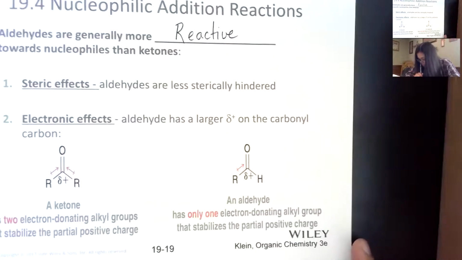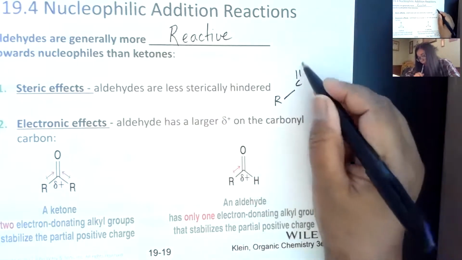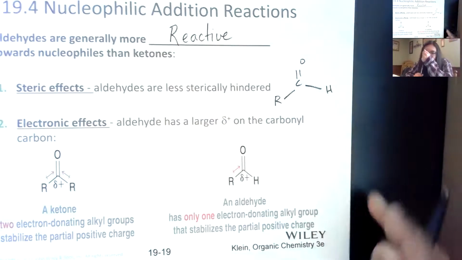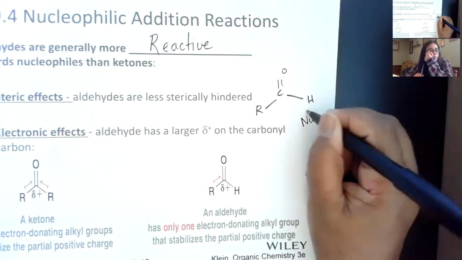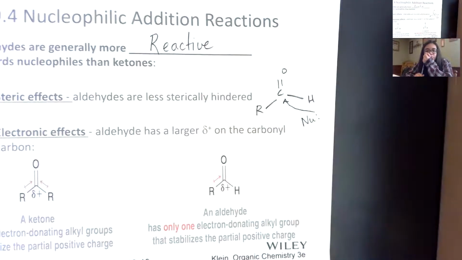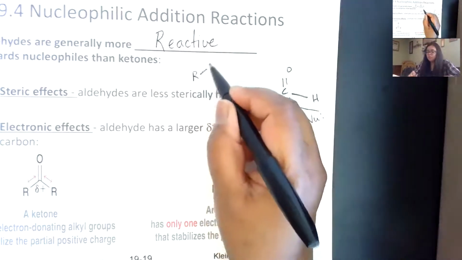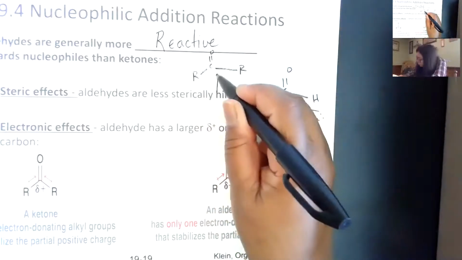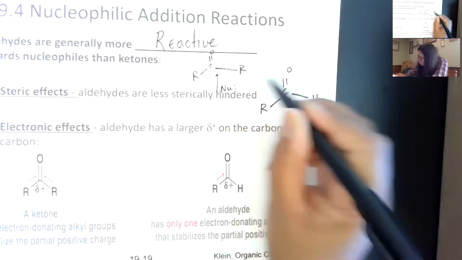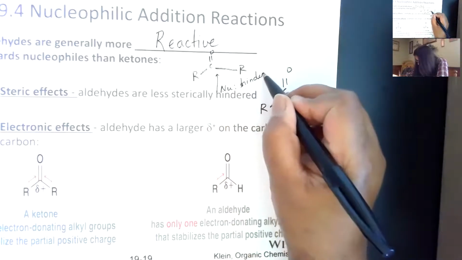Now, of course, an aldehyde should have a hydrogen on one side, right? And for nucleophilic addition, this guy, he can sneak in from that end. But if you have a ketone, your R groups can be large R groups. So the nucleophile coming in is hindered to some extent.